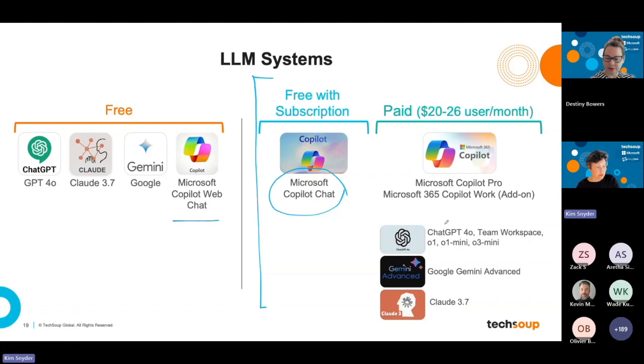Other paid tools are ChatGPT, Google Gemini, and Claude, which also all have paid team versions. But as I said, we're going to be focused on this one here today. Sorry about that. Wrong marking.